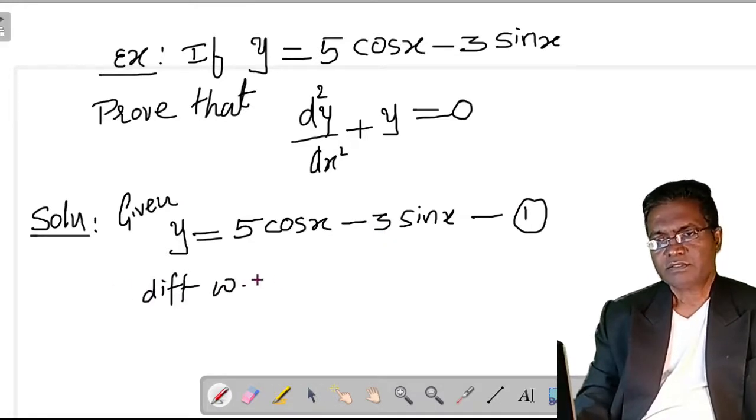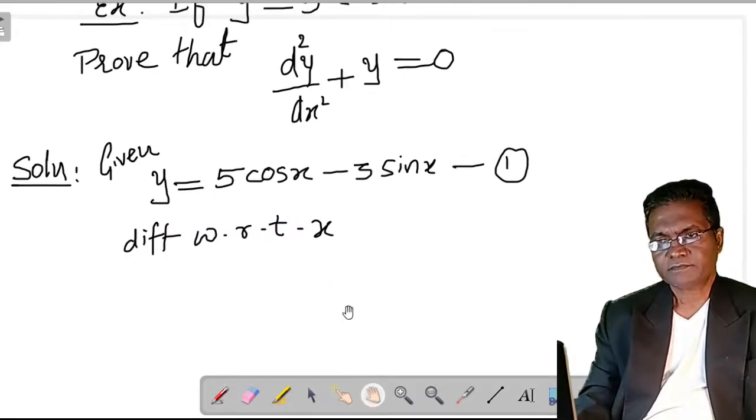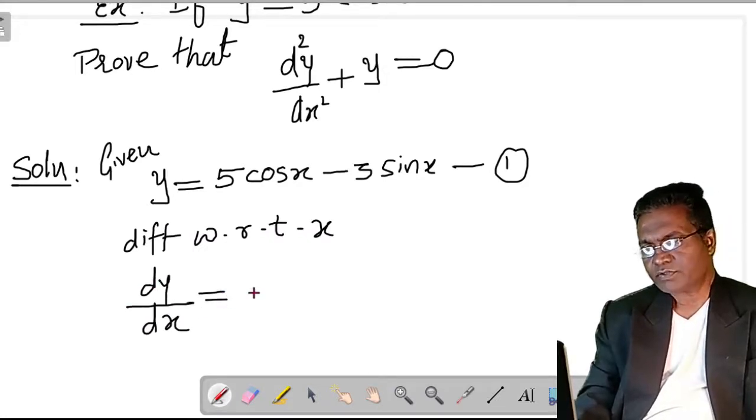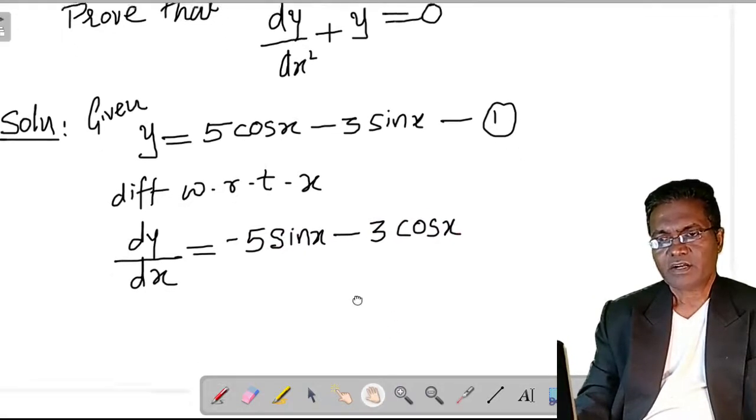As usual, differentiate with respect to x. So dy by dx is equal to 5 into derivative of cos, which is minus, so I can write minus in the beginning, minus 3 into derivative of sin x, which is cos x.